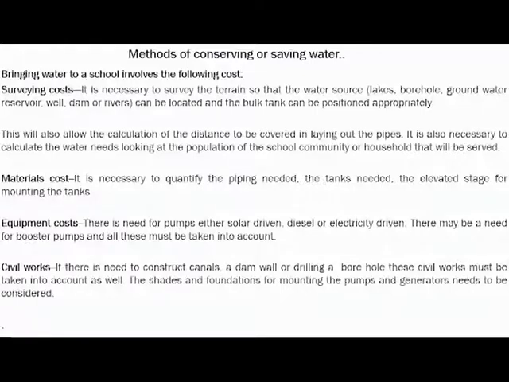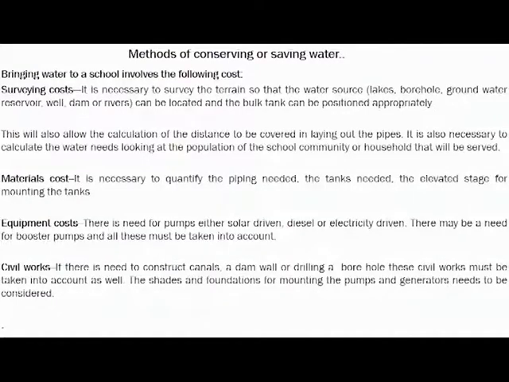So that's why it's good to make a survey first to see where you can locate that water reservoir, and sometimes it can be costly to carry out this type of survey. Material cost, of course, is another cost on its own. Also the equipment cost, or the materials and equipment that will be used in installing this type of facility, are also costly. Then the civil works, of course, will be needed.